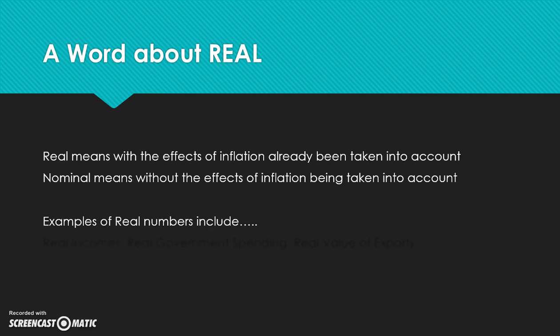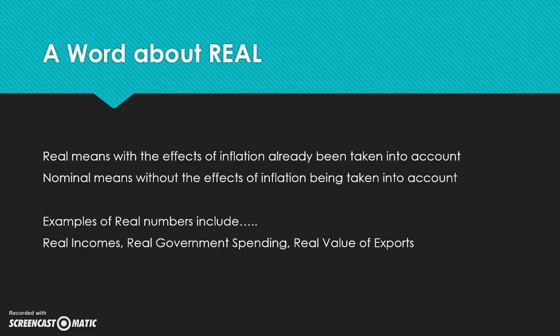Now, where might you find real numbers? You might find them in terms of real income. You might find it in terms of real government spending. You might find it in terms of real exports. So if we say, what's the total value of all the exports in the UK? What's the real value? We're looking at it in terms of inflation being taken into account.